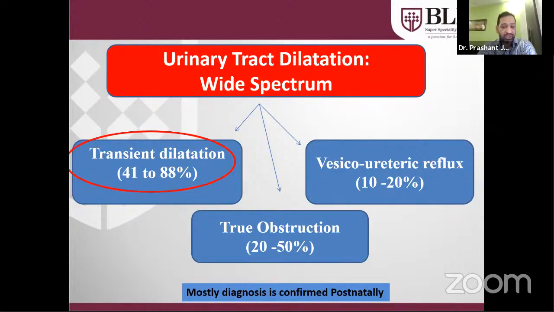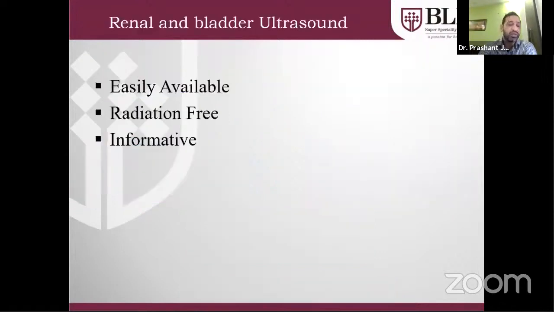Now, most of the time, when we detect this hydronephrosis antenatally, the final diagnosis is confirmed only during postnatal investigations, which can be ultrasounds, renal scans or VCUG studies. Now, ultrasound is very easily available. It is one of the radiation-free modalities, and it gives you a lot of information.